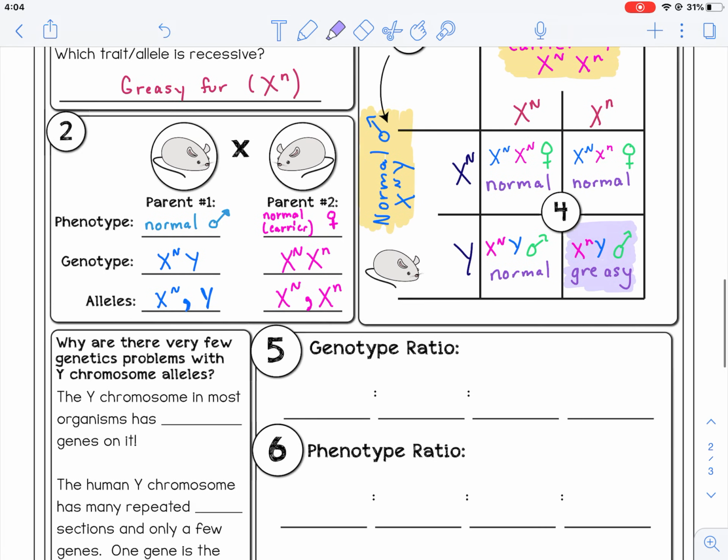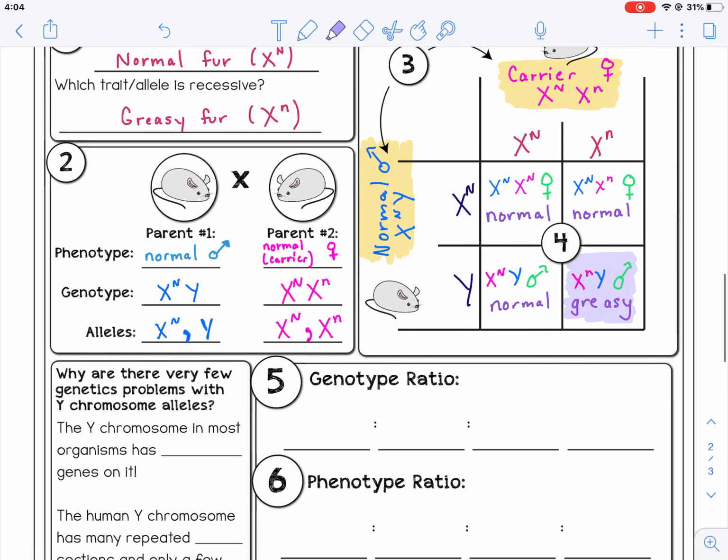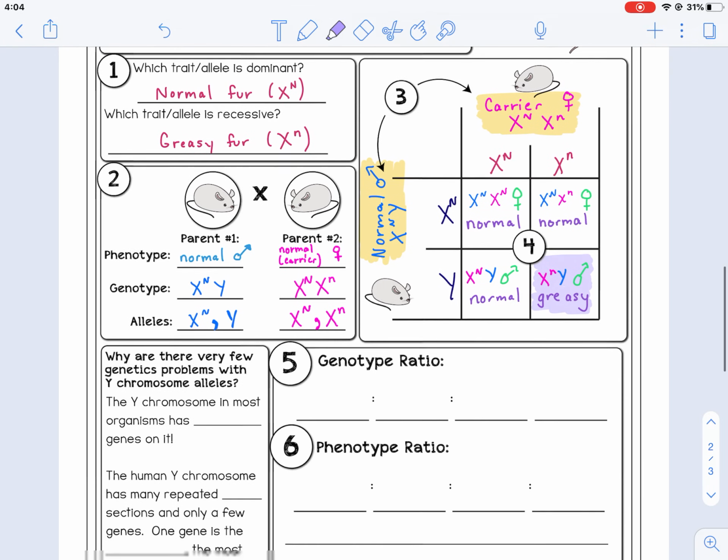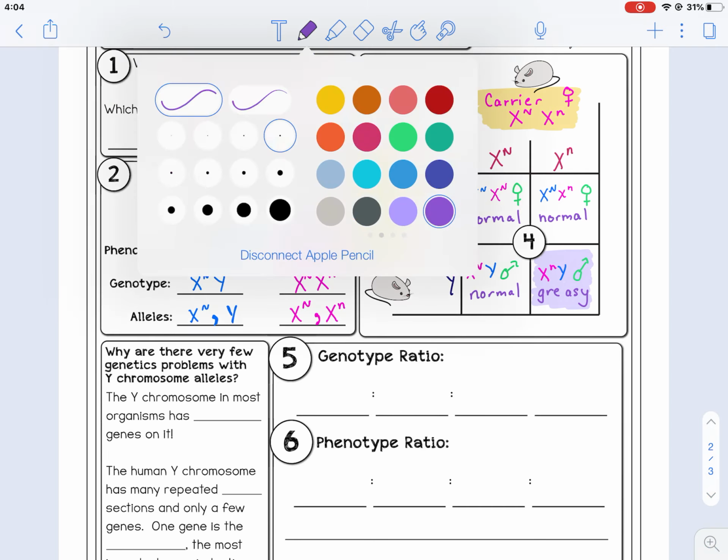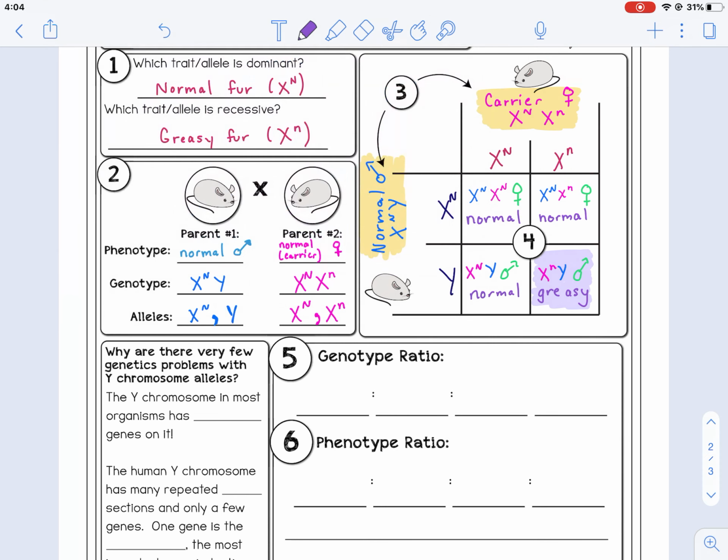So let's write down our ratios. So for the genotypic ratios, these are all four different. So we're going to have one of each of these.